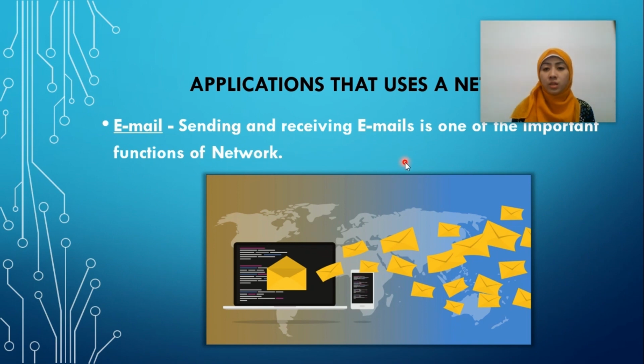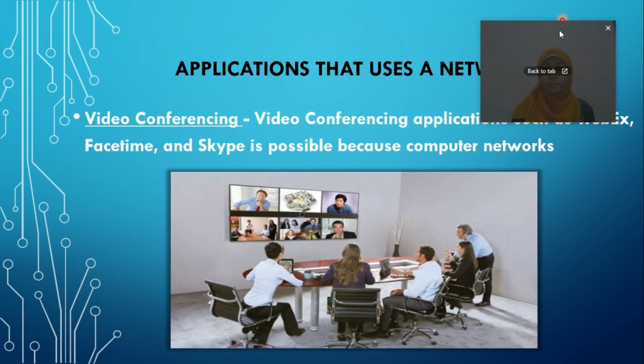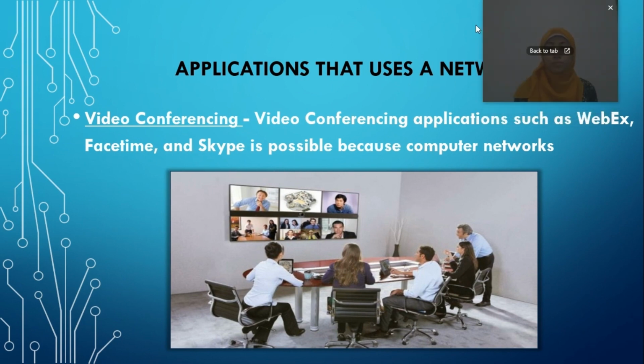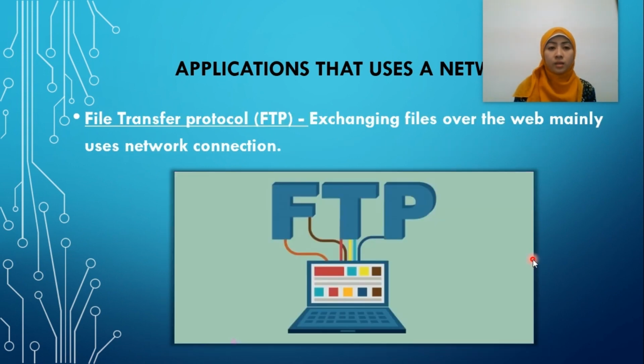Email: sending and receiving emails is one of the important functions of a network. Video conferencing: applications such as WebEx, FaceTime, and Skype are possible because of computer networks. And then we have also File Transfer Protocol, or FTP. Exchanging files over the web mainly uses network connection.